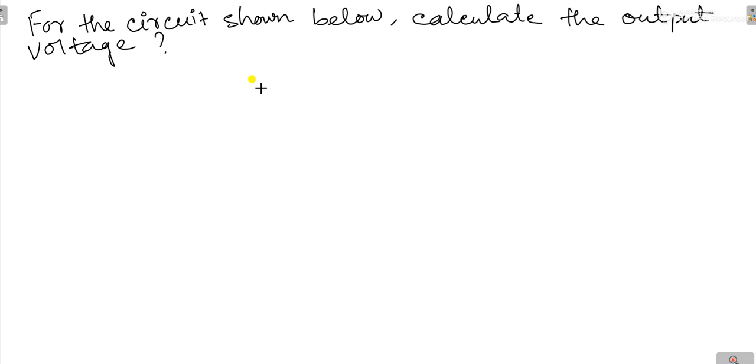So the circuit is an op-amp circuit. This is the inverting terminal, this is the non-inverting terminal, and there is a potential of 2 volt. This is ground, and this is a 4 volt source.